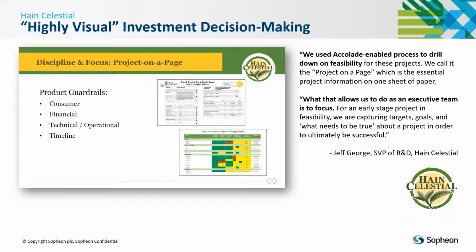And what that allowed them to do is in a very efficient way to ensure that their executive teams were focused on the things that need to be true about a project in order to ultimately be successful. We're going to talk about how to make that real in this session today, we'll actually show you an example of something like that project on a page at Hain Celestial.